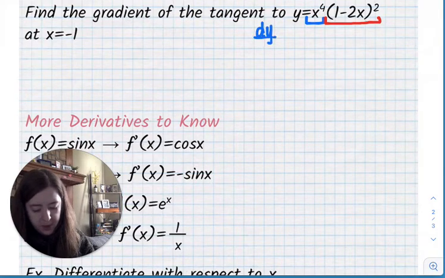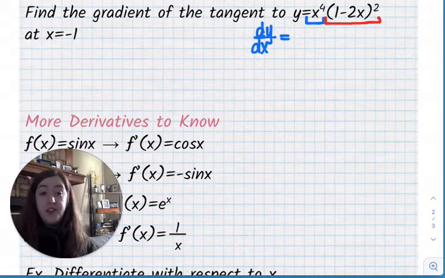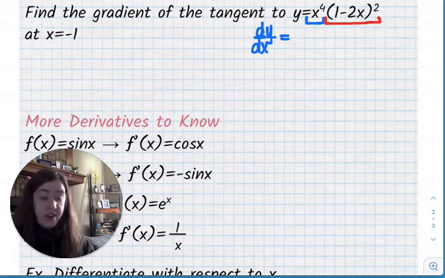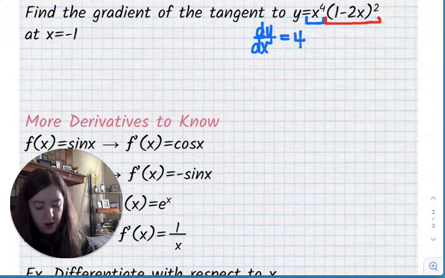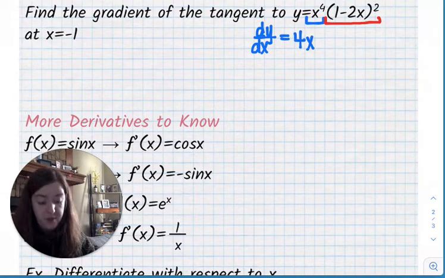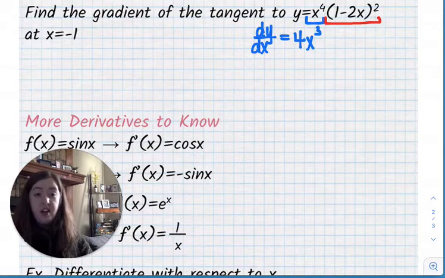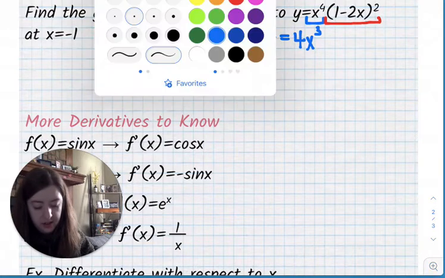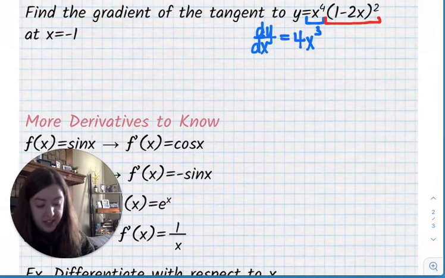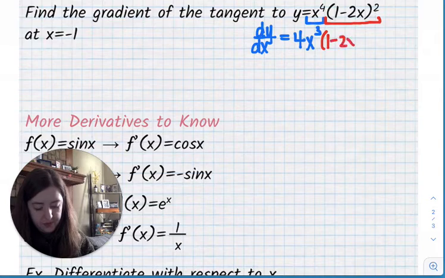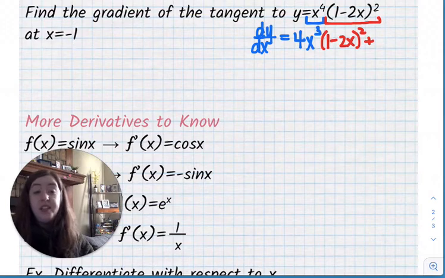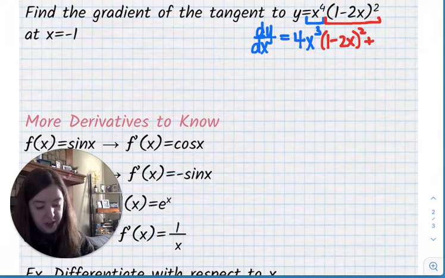Derivative of y with respect to x, dy dx, equals the derivative of the first. Bring that 4 down out front, so we'll have 4 x to the, subtract 1 from the power, so third. Derivative of the first times the second. Plus, and then we'll need the derivative of the second. So we have a chain rule again. We're going to need to bring that 2 out front and multiply.